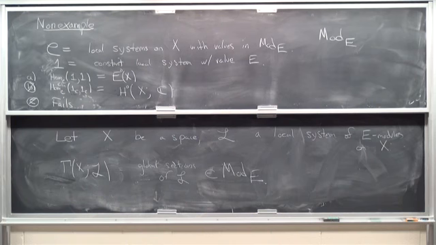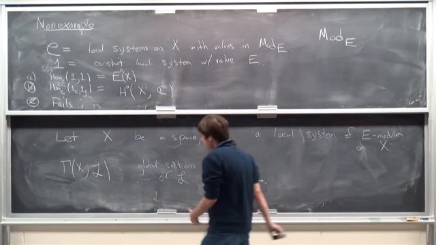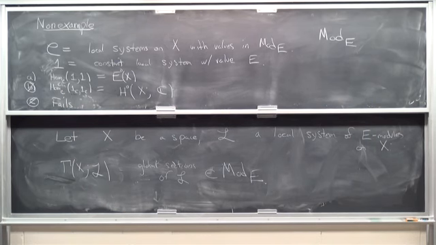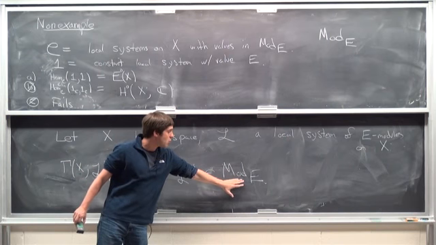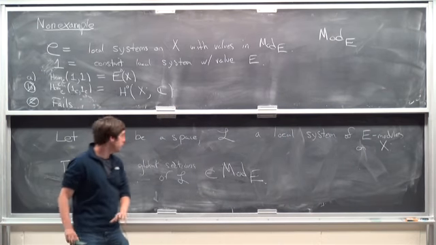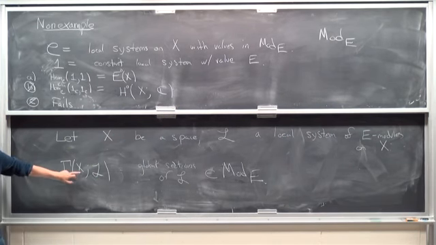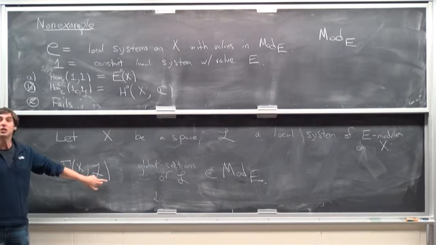This is another E module. But you can say more than that it's an E module. You can think of it as a cohomology theory, and the cohomology groups of a point you can think of as the cohomology groups of X with coefficients in L.